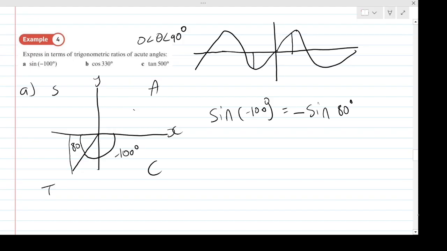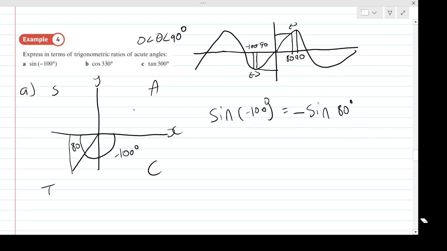At the top of the hump it's going to be 90, so this will be 80 there. And then at the bottom of the hump down here, it'd be negative 90. So this would be negative 100. Hopefully you notice the gaps between 80 and 90, and minus 100 and minus 90, are the same. Yes, they're the same. But one's on the positive y part and one's on the negative y part. So sine of 80 has to be the negative of sine of minus 100 degrees, which is where we get this from.